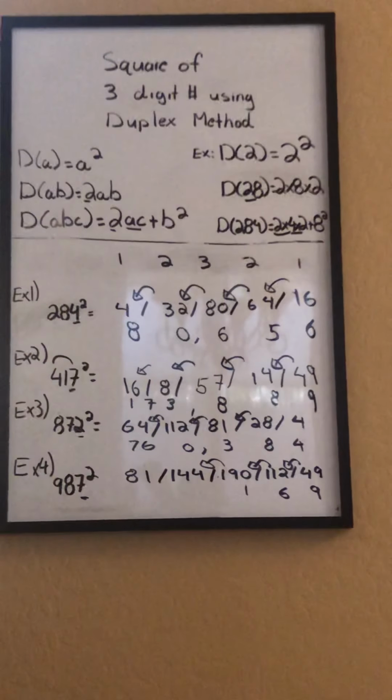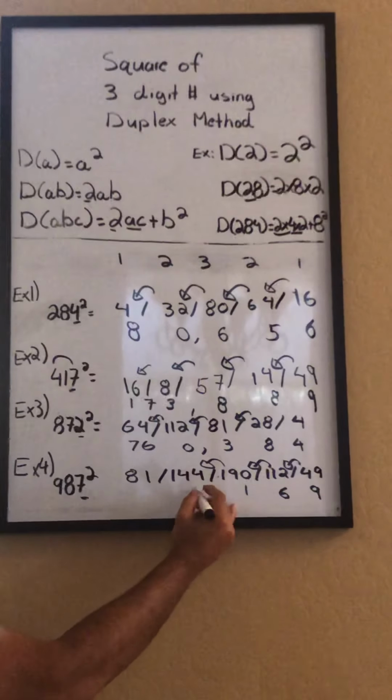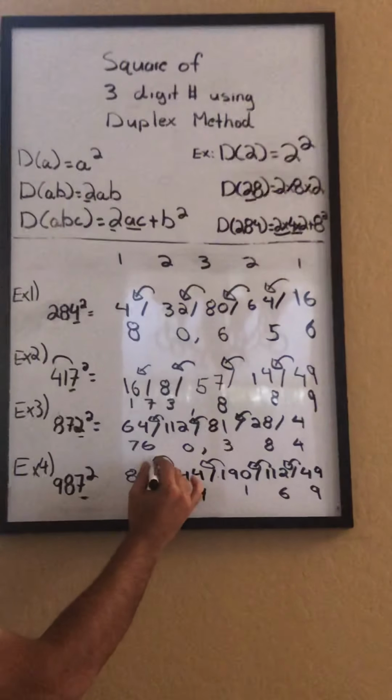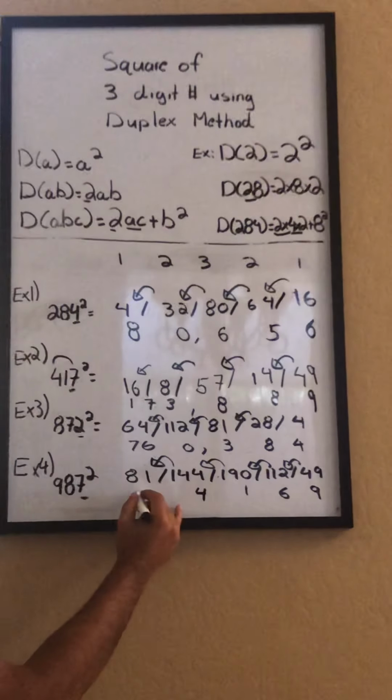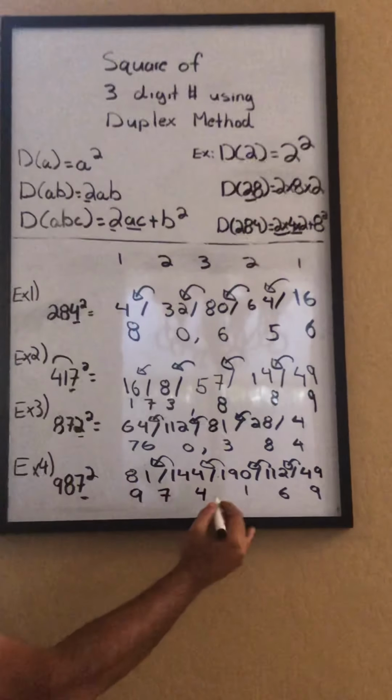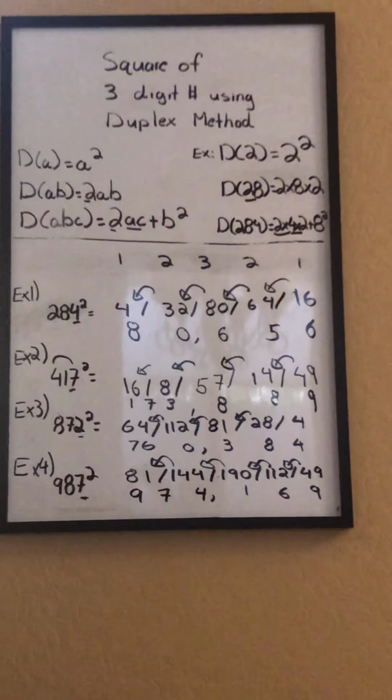What's 144 plus 20? That's 164. So I'm going to write down 4, carry the 16. 81 plus 16 is 97. Okay, so 974,169. Practice this as you can.